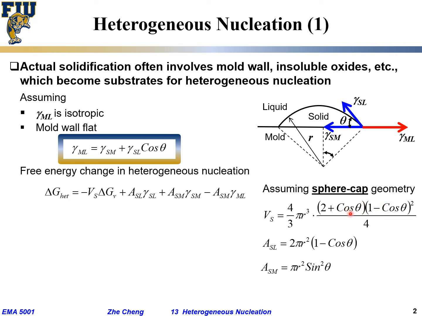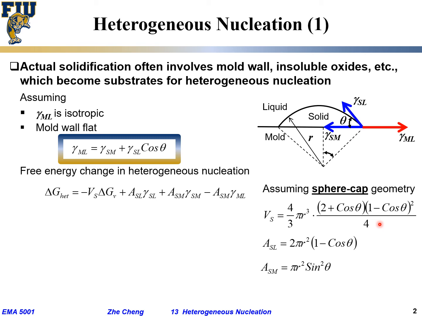This is 2 plus 0, and 2 over 4 gives us half of the sphere volume. That's exactly half of a sphere when theta is 90. We just check a few numbers to make sure this kind of makes sense.